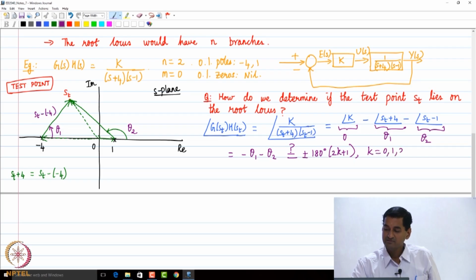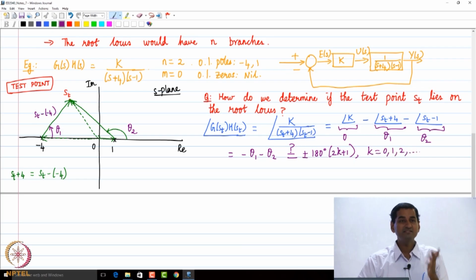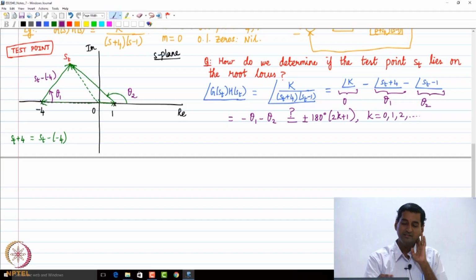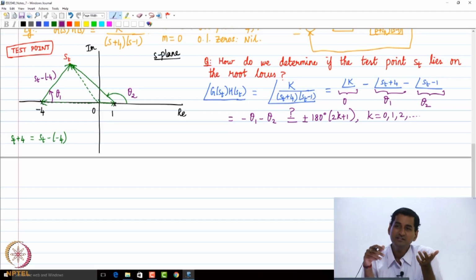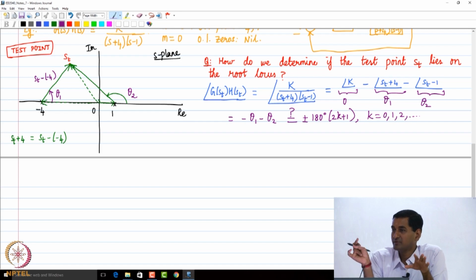We will see that by and large the angle condition is used to plot the root locus, and the magnitude condition is typically used to get the value of K, the gain K that appears in the open loop transfer function at any given point on the root locus. That is how it works. We will realize it as we do more examples. I put a question mark because we want to ask ourselves the question.